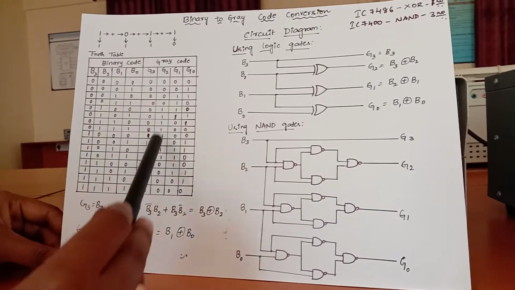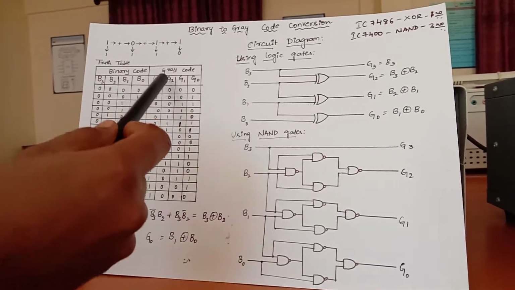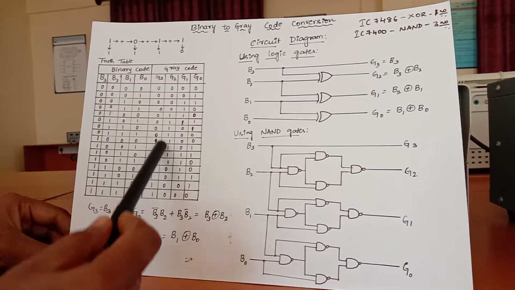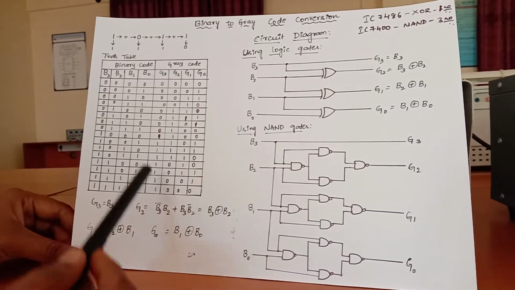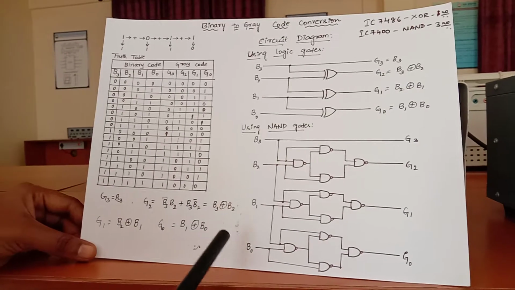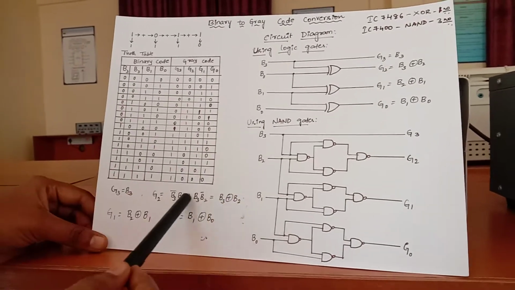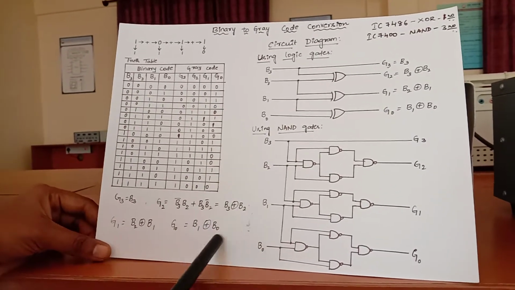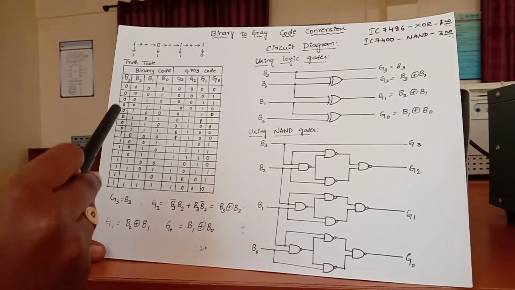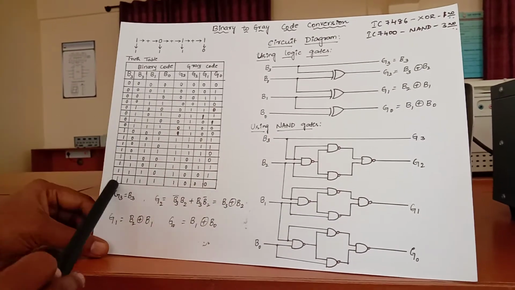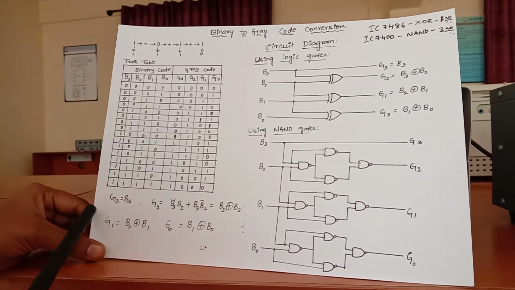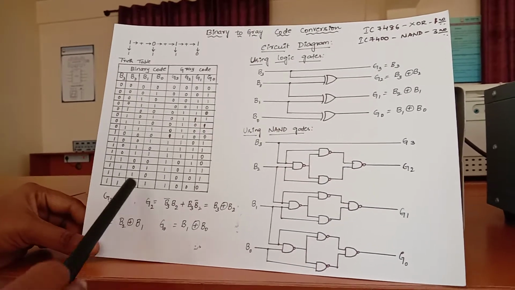So to get the output expression, what we will do is apply the K map for this column, so that we will get this expression. You can see here, this B3 column and this G3 column are the same, so I can write G3 as B3.